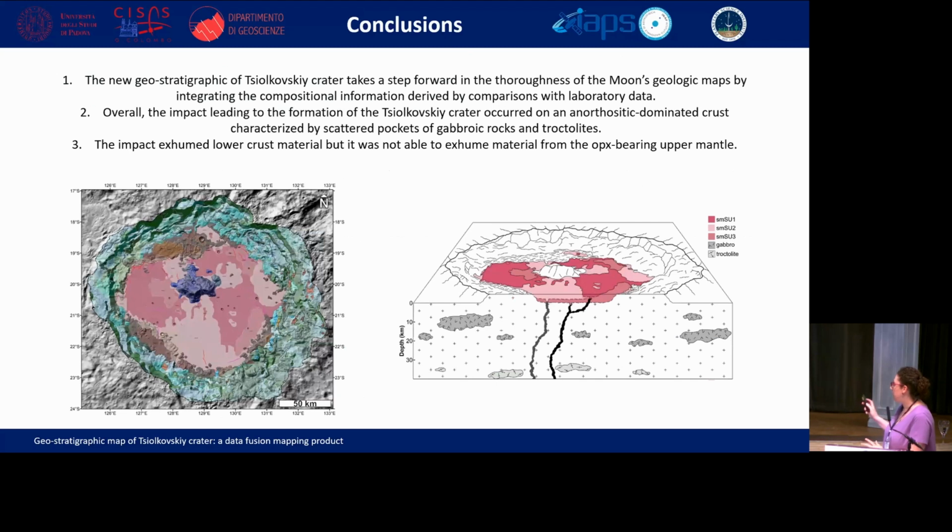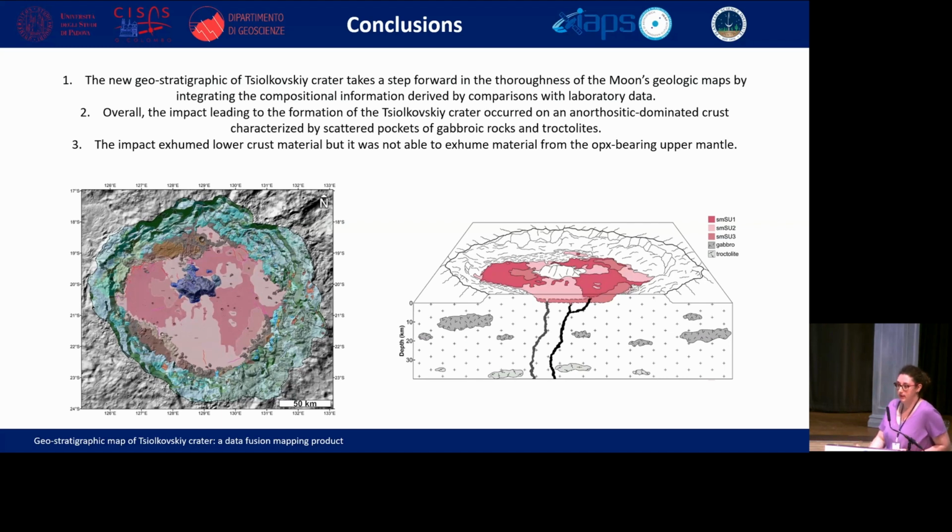And so to conclude, we can say that the new geostratigraphic map produced for Tsiolkovskiy crater takes a step forward in the roughness of moon geologic maps by integrating also the compositional information that can be derived through comparison with laboratory data.